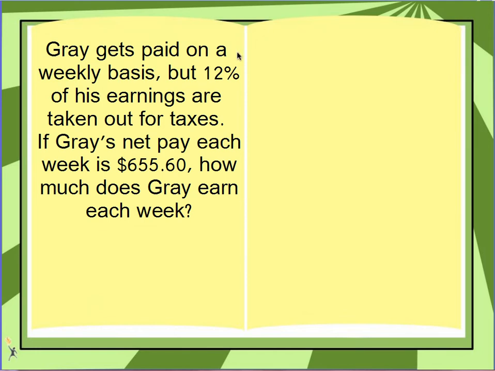Gray gets paid on a weekly basis, but 12% of his earnings are taken out for taxes. If Gray's net pay each week is $655.60, how much does Gray earn each week? Quick finance lesson, just in case you don't know, net pay is sometimes called take-home pay.